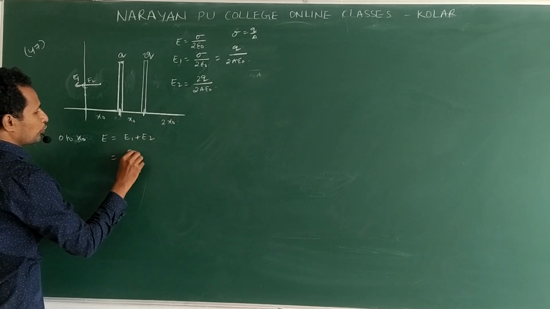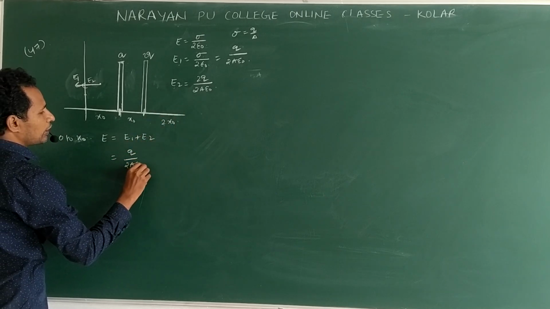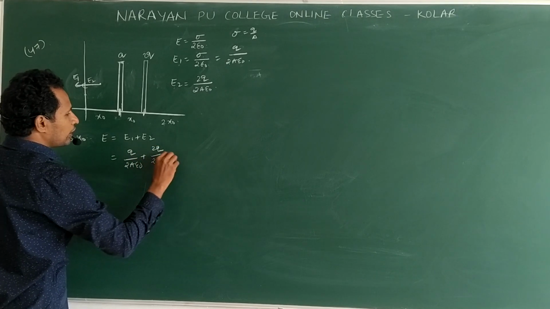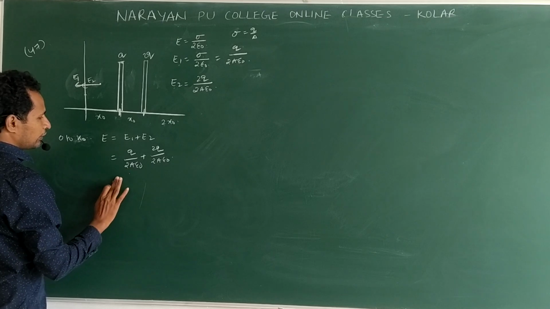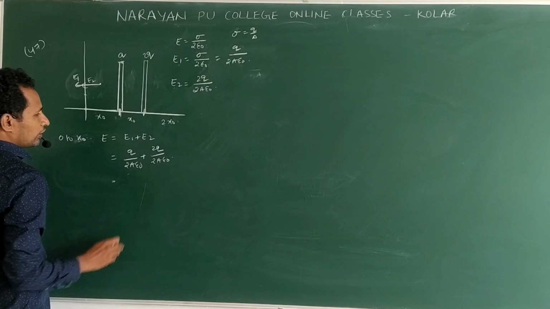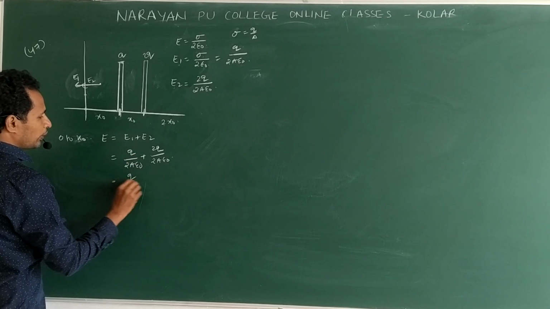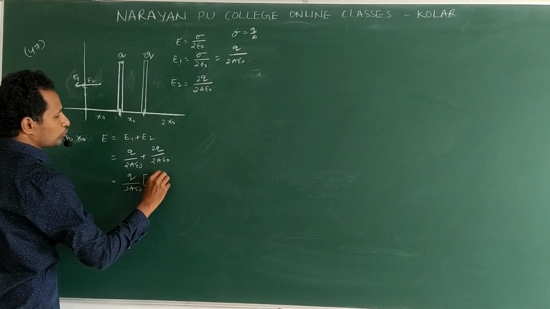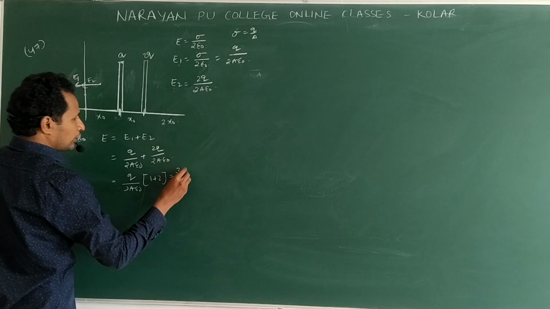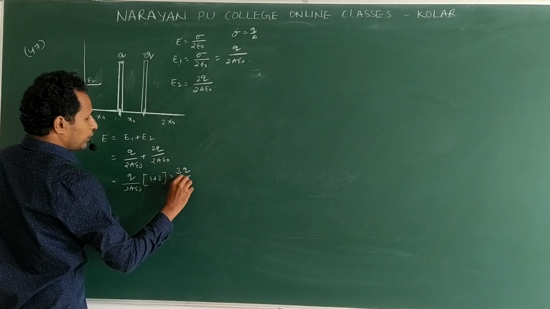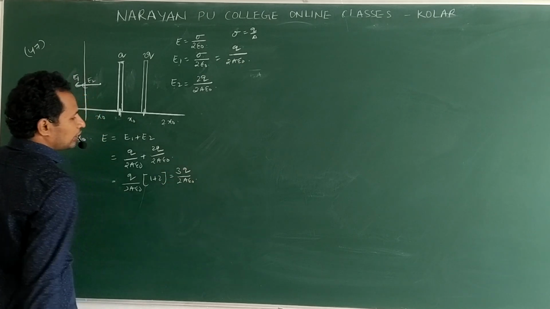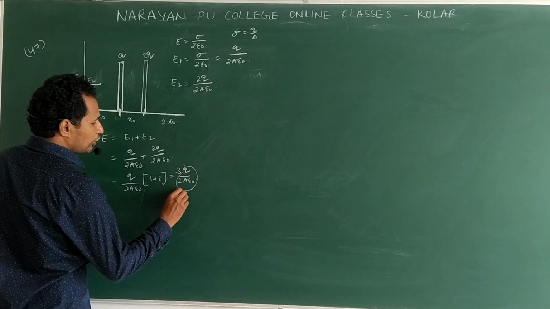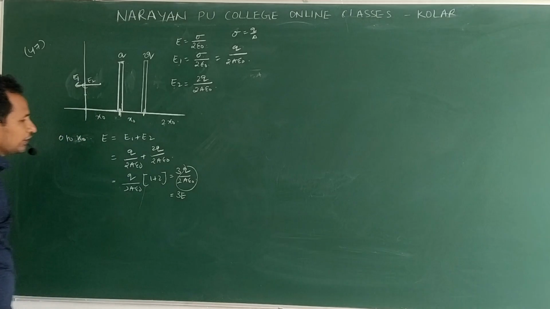Then Q by 2A epsilon naught plus 2Q by 2A epsilon naught. Take Q by 2A epsilon naught common, 1 plus 2. This is 3Q by 2A epsilon naught. Clear? If you take this as the electric field E, then this will be 3E.